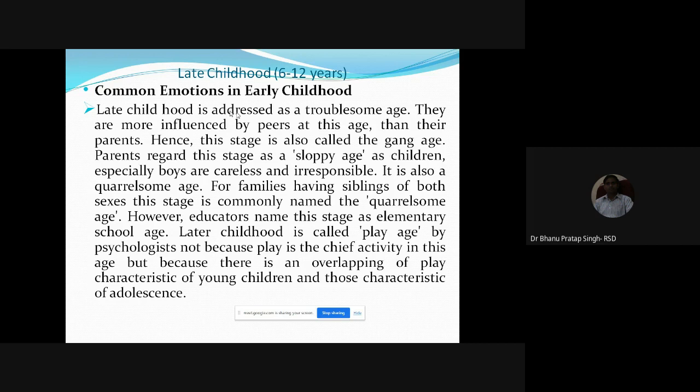So in that particular age, the role of parents becomes more important to make them responsible. It is also a quarrelsome age. Most families have siblings of both sexes, male and female, so this age is commonly named quarrelsome, because brothers and sisters are both there.